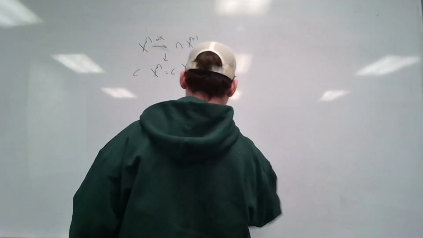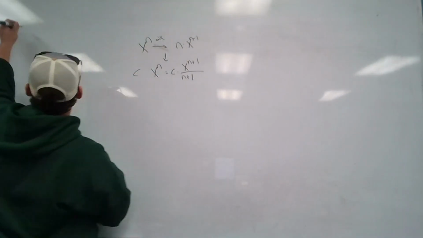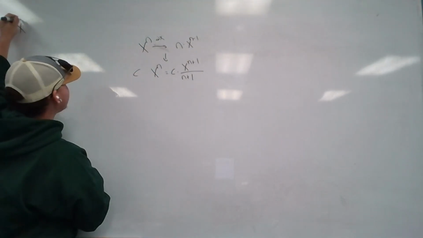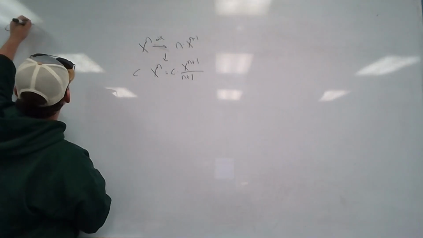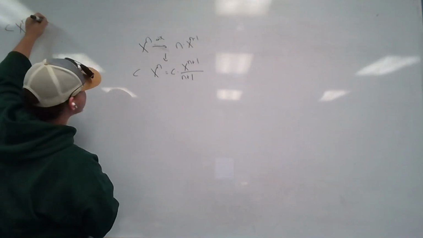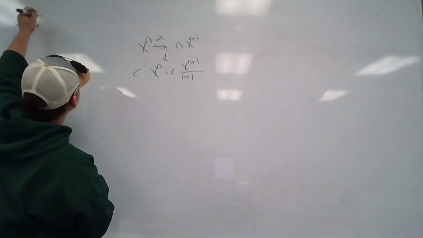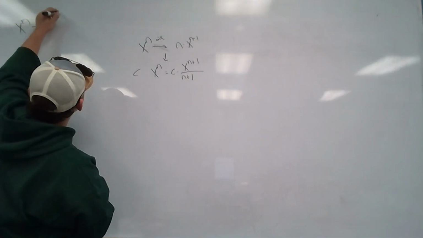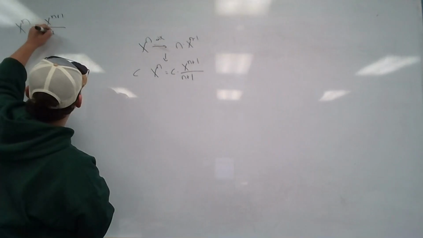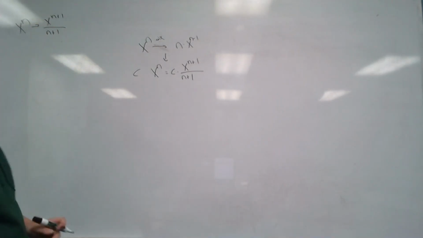I'm going to write this over here: x to the n plus 1 over n plus 1. Okay, the next one is when you have an inverse.